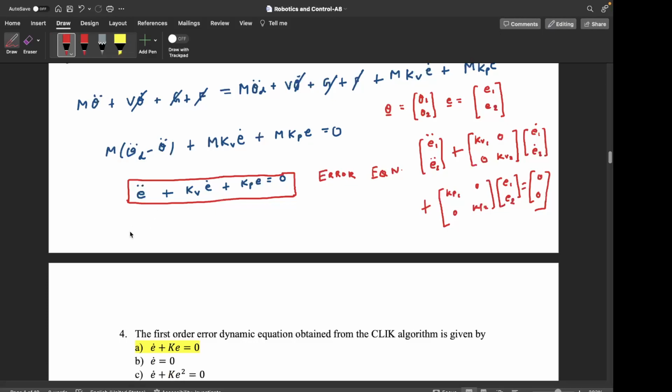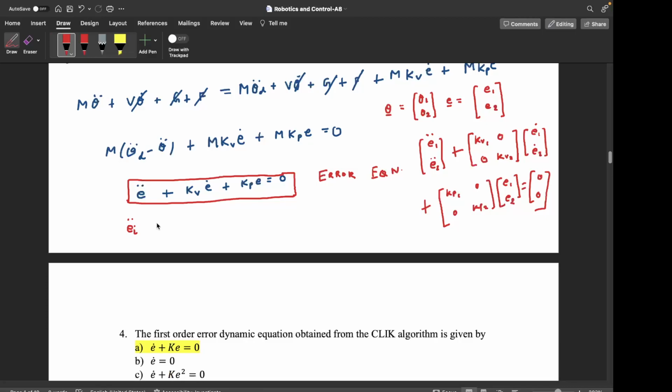So basically in general we can write this as ei double dot. So you would find that in this equation e dot and e double dot are vectors and Kv and Kp are matrices. So these would be n cross 1 vectors, and these would be n cross n matrices. When we write them separately, then it's just a scalar equation.